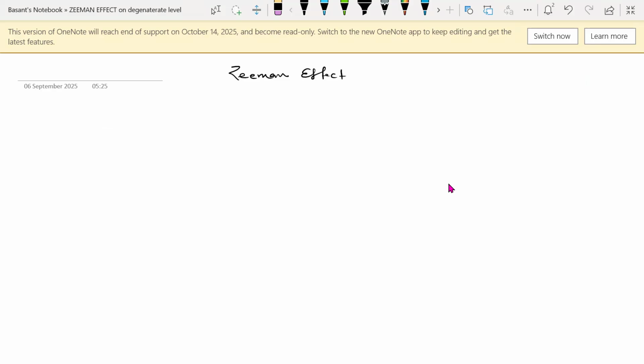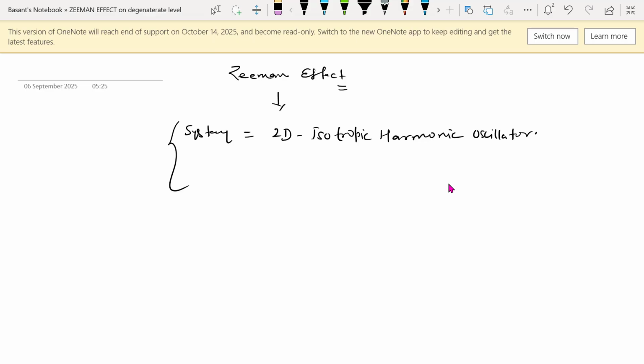For this topic, I have taken the quantum mechanical system, that is a two-dimensional isotropic harmonic oscillator, and I have selected one level, that is the first excited level of this system.